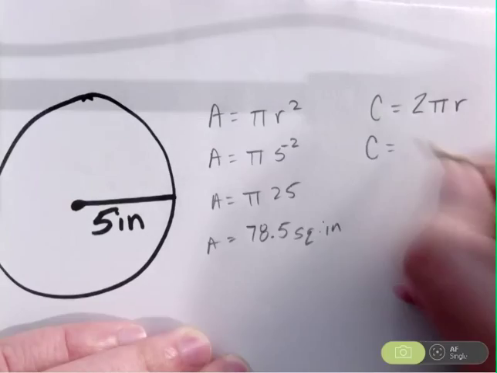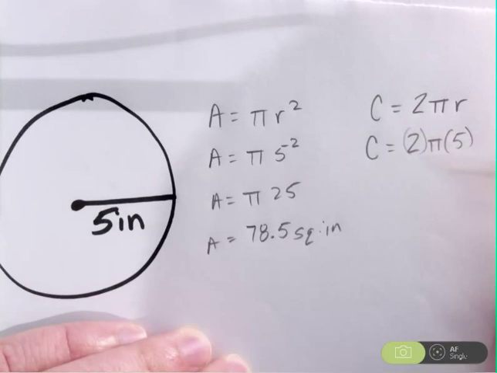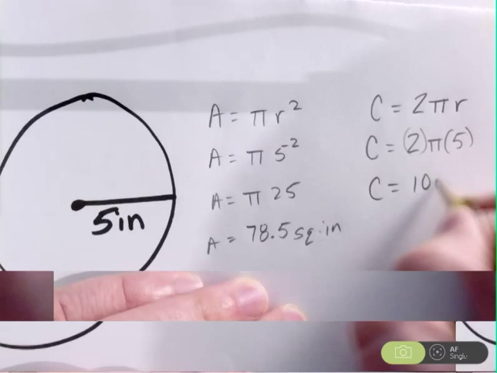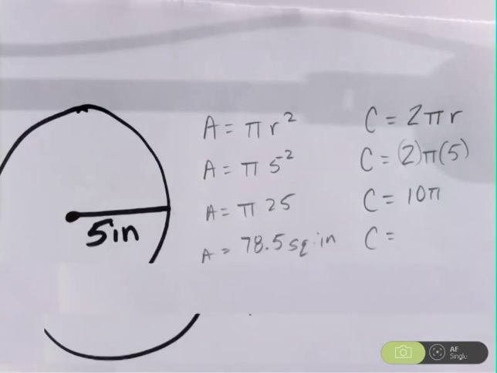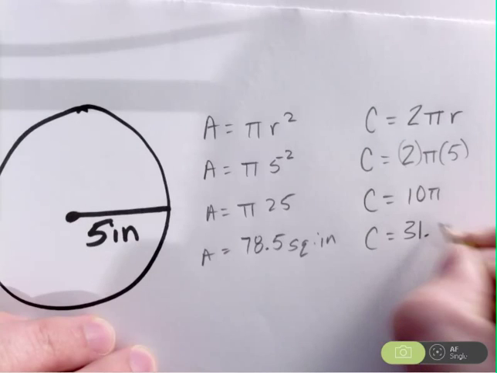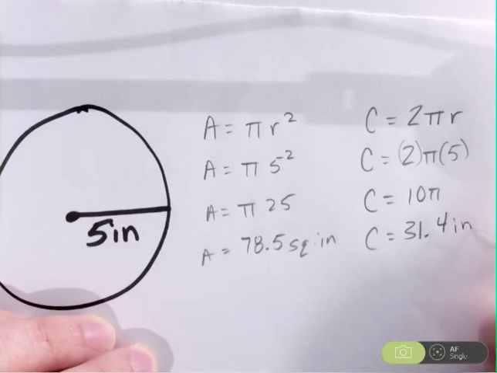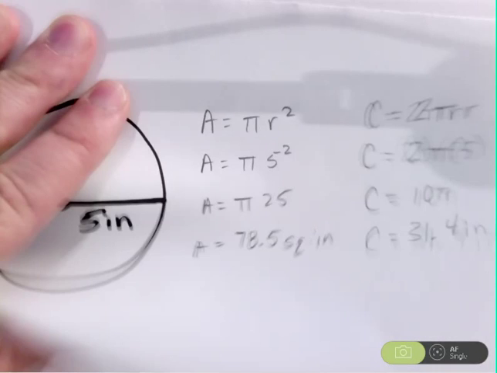This is going to be 2 times pi times 5, which is going to be 10 pi, which when we multiply by 3.14, 10 times 3.14 on my calculator is going to give me 31.4 inches.